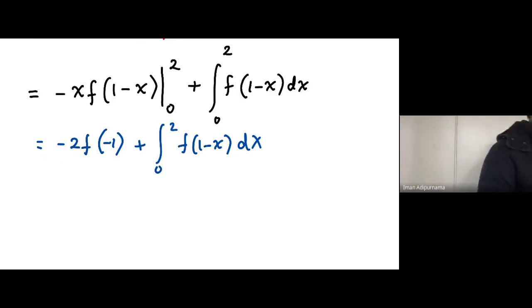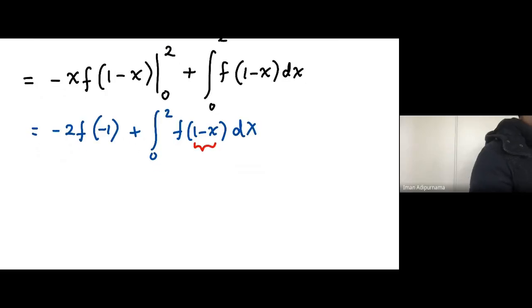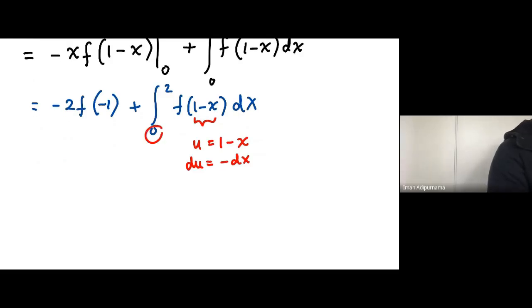Now, if we are looking at the information that we have, the function is an odd function, right? And if you look at this 1 minus x here, we can substitute it with something simpler, for example u, or any variable you want. For example, I will substitute u equals 1 minus x. So I will have minus dx, right? And then I will also change this 0 and 2.